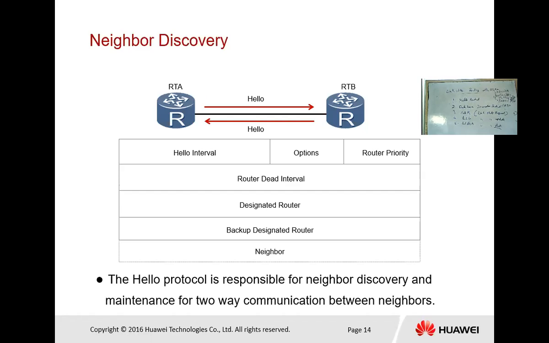The router priority range is from 0 to 255, and by default the router priority is 1.